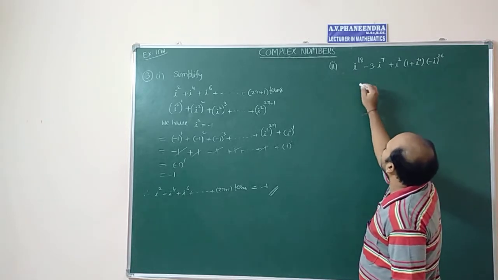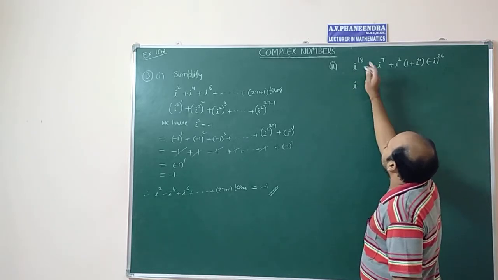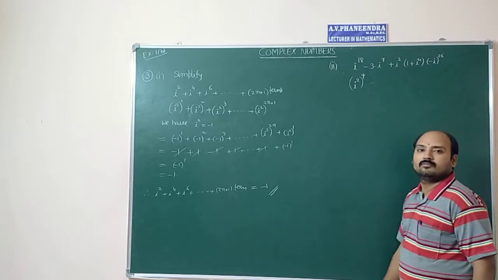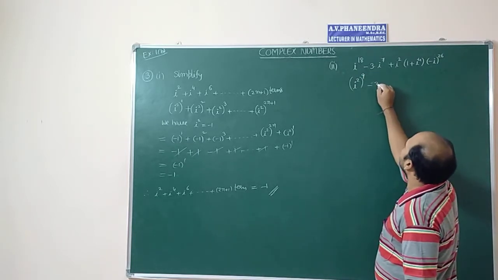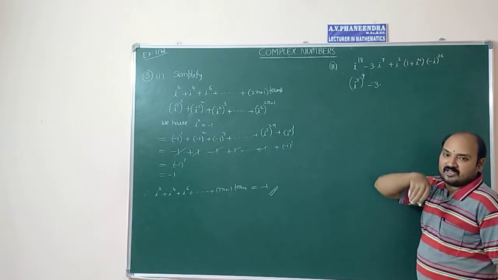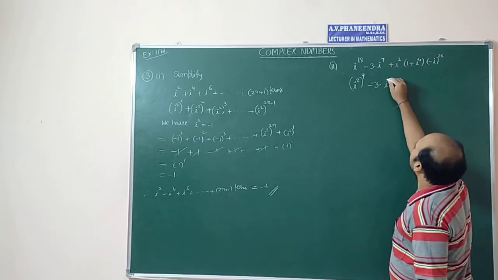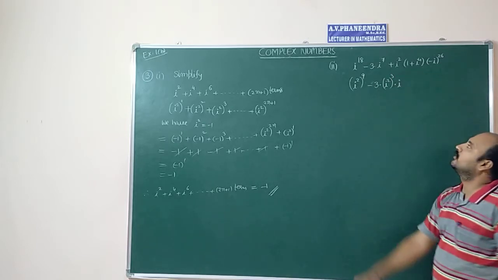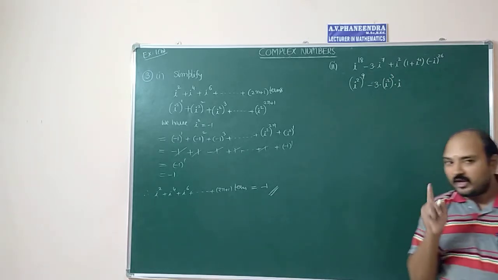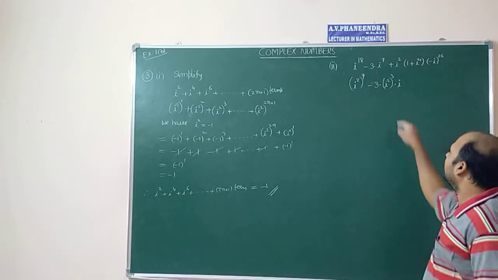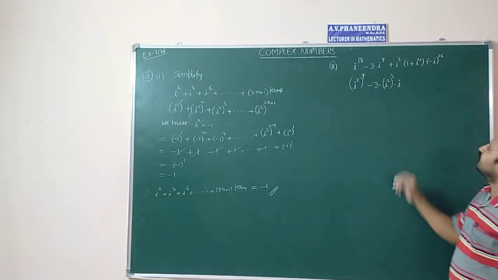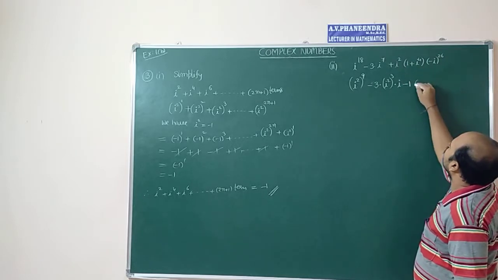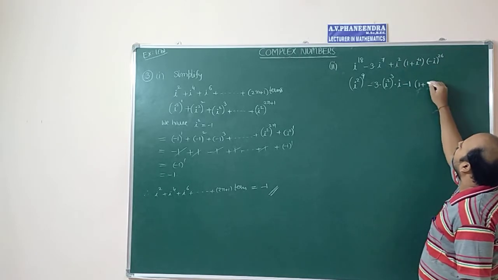So here i power 18 can be written as i square whole power 9, minus 3 into i power 7. i power 6 we can express as i square whole cube, and i power 6 into i is i power 7. i square value is minus 1, into 1 plus i power 4, the value is 1.